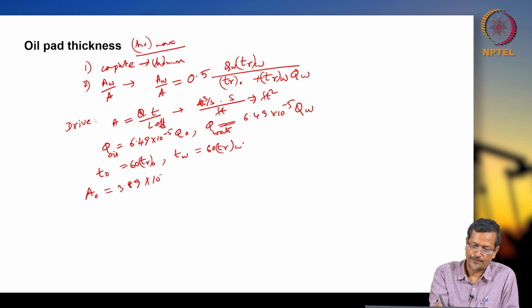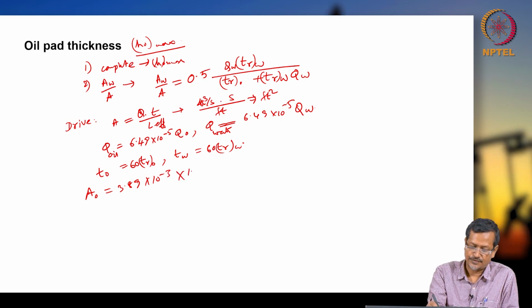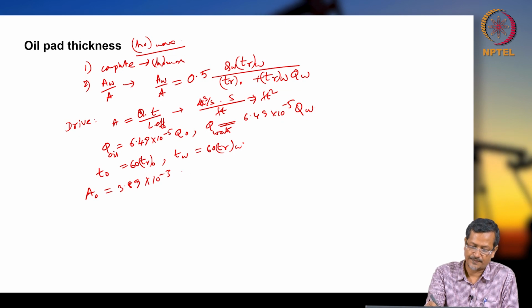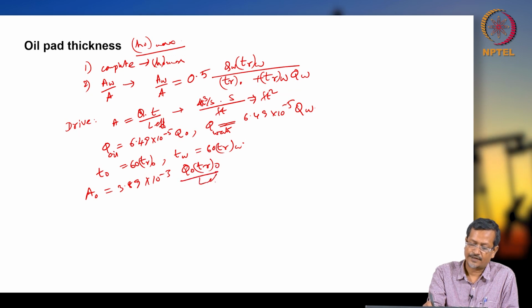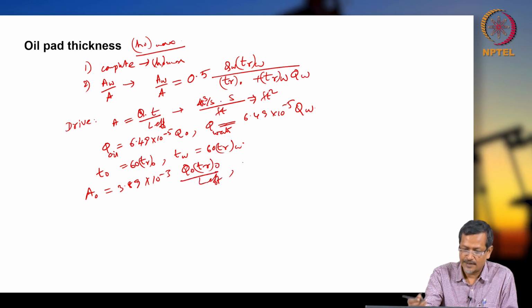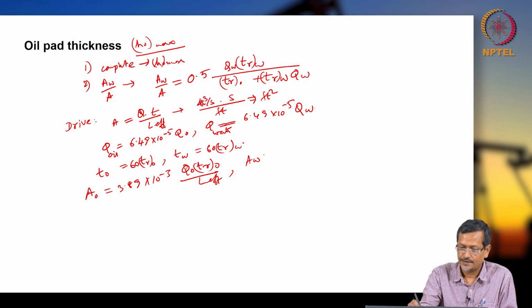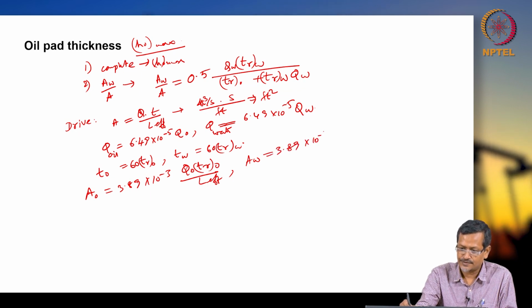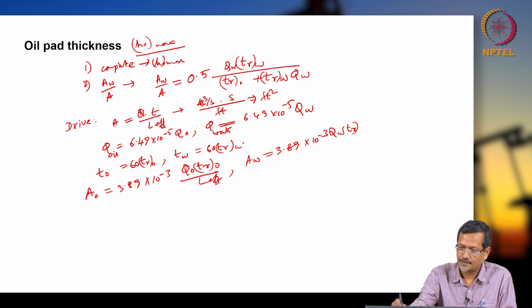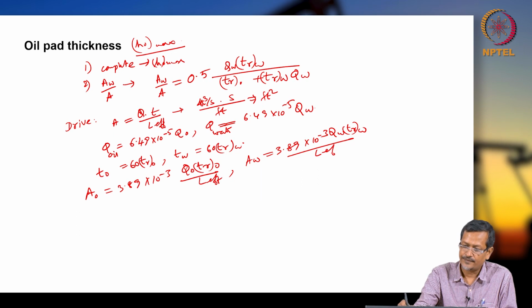Okay, and area of oil equals 3.89 into 10 power minus 3, this is important, 10 power minus 3, Q oil TR oil divided by effective length. Similarly for water, A water equals 3.89 into 10 power minus 3 Q water TR water divided by effective length.